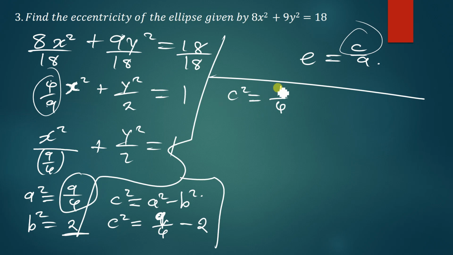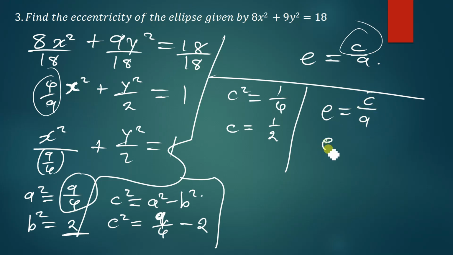When you find the square root of both sides, you find the value of c is 1/2. Of course, it's supposed to be plus or minus, but we deal with absolute values because these are simply distances, so we just get the positive part. So 1/2 is the value of c. Now to find the eccentricity, we know that it's given by c over a.